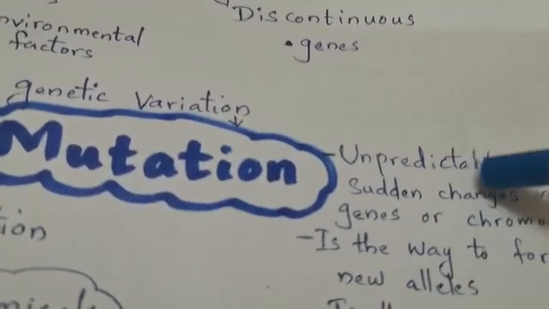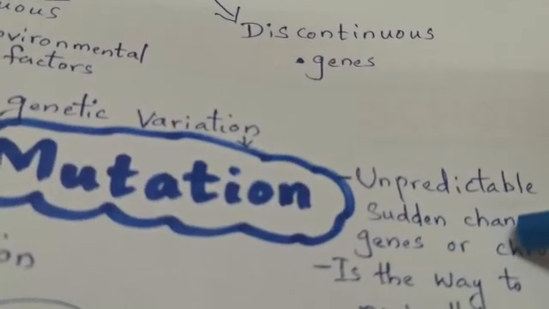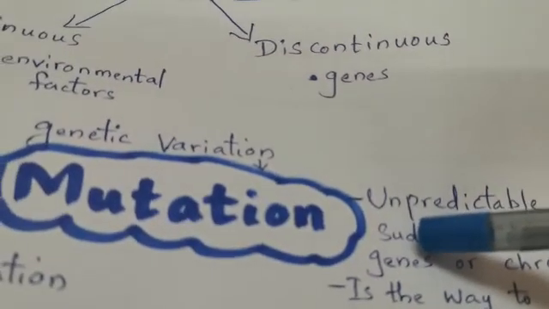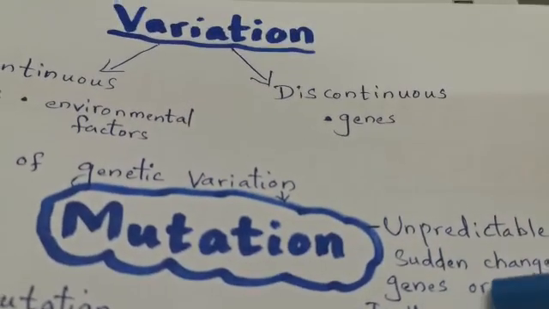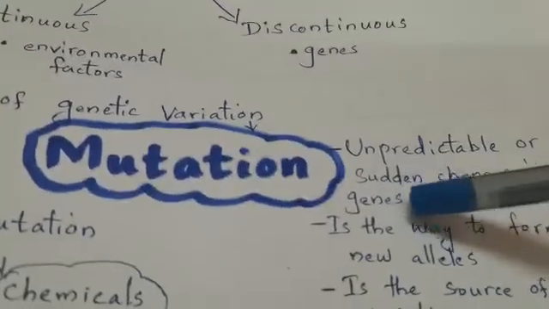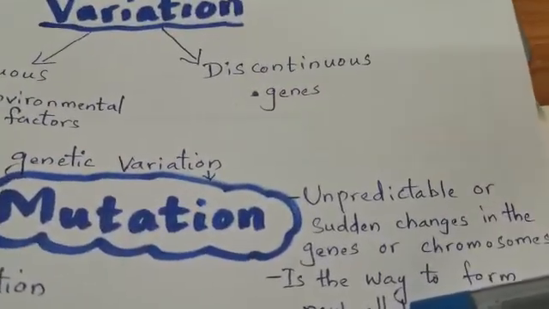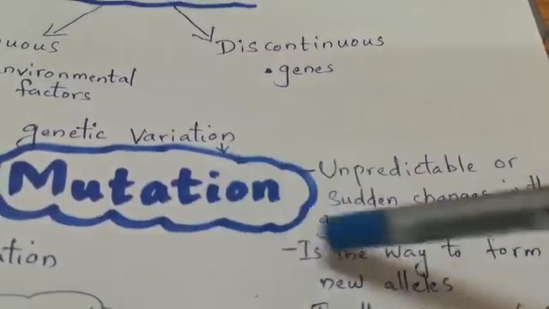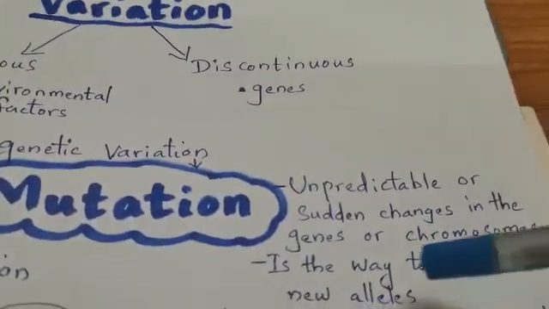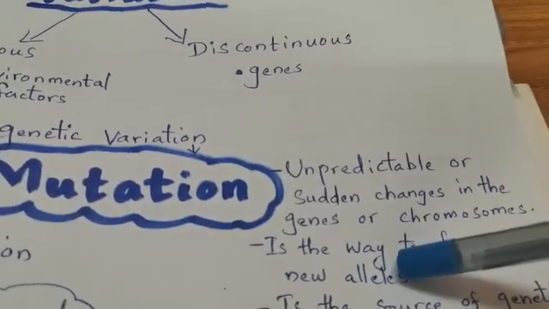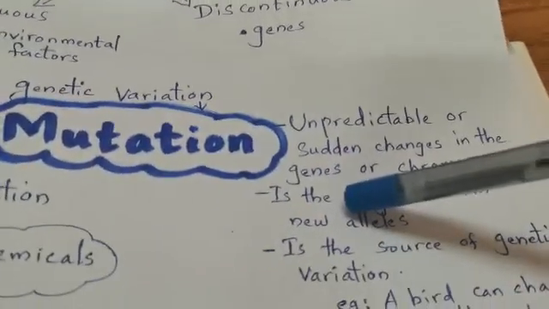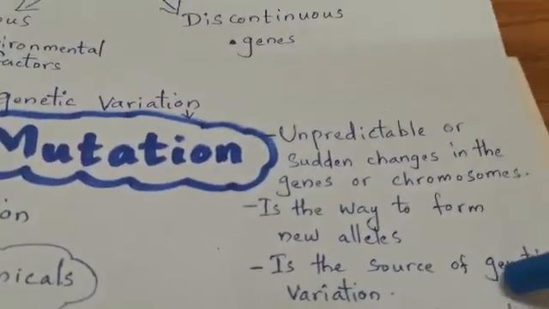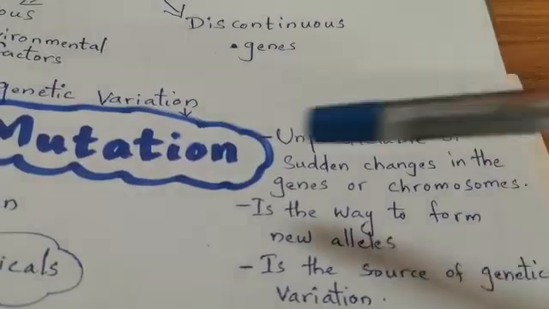And if some changes happen in the chromosomes or in the genes, what will happen? Some special genes are forming, right? Its name is called allele. So mutation is the way to form new alleles, and it is the source of genetic variation also, right?